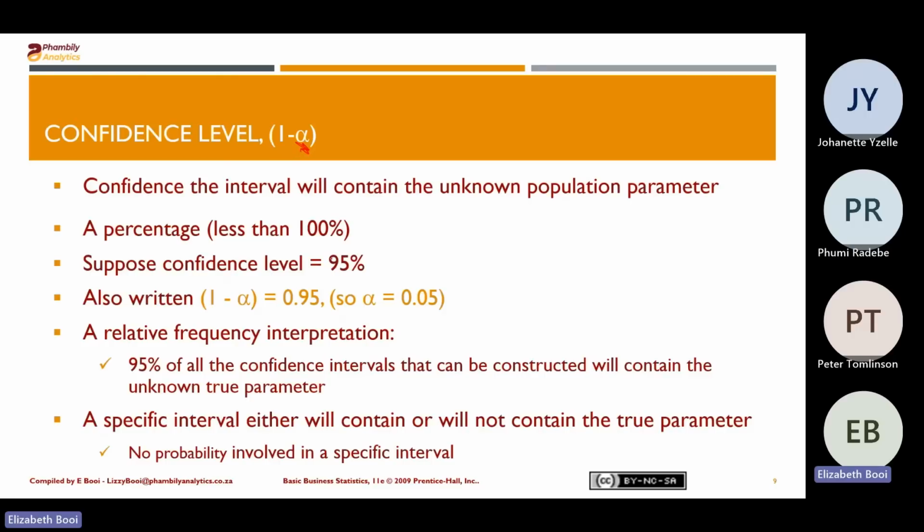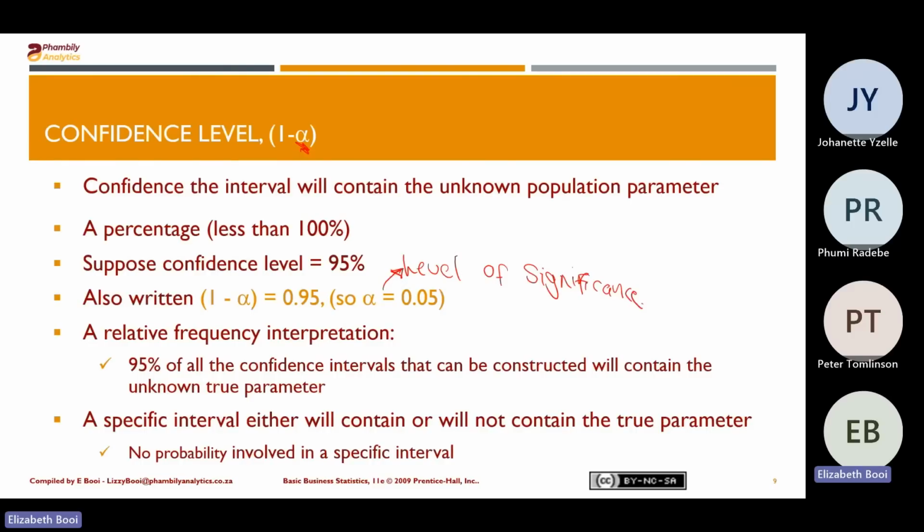Since we know that 95% is made up of 1 minus alpha, we can go and find the value of alpha, which is our level of significance. So this alpha value is what we call the level of significance.